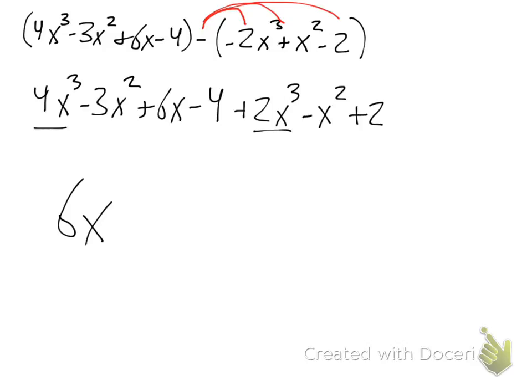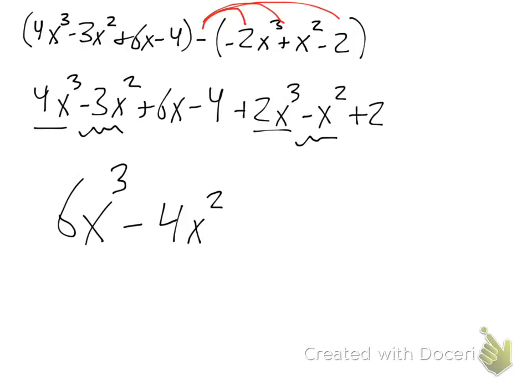So 6 of them, and them were x cubes. Moving on to the x squareds, I have negative 3 and negative 1. Maybe a negative 4x squared. If you borrowed $3 from someone and borrowed another $1, you're negative $4 in the hole.